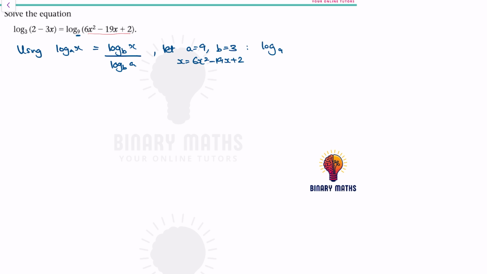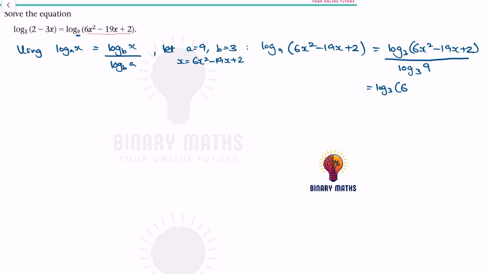So log base 9 of 6x squared minus 19x plus 2 will be equal to log base 3 of 6x squared minus 19x plus 2, all over log base 3 of 9. Now we can see clearly the denominator will cancel out, so that is the same thing as log base 3 of 6x squared minus 19x plus 2.